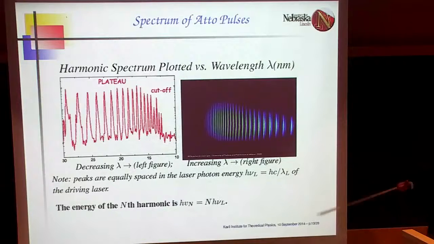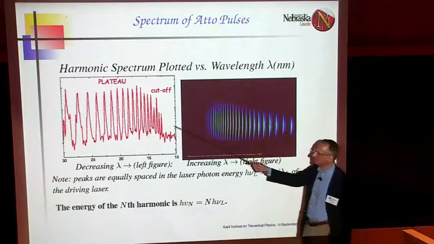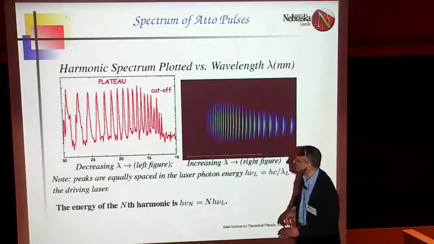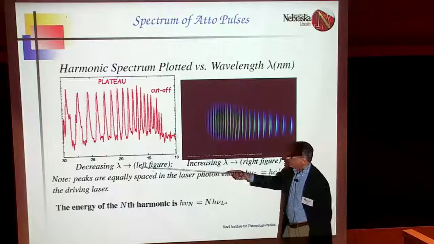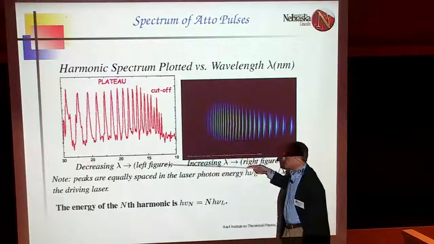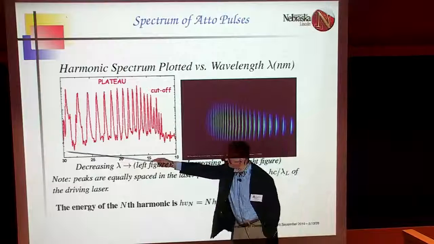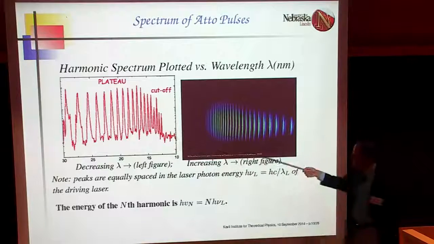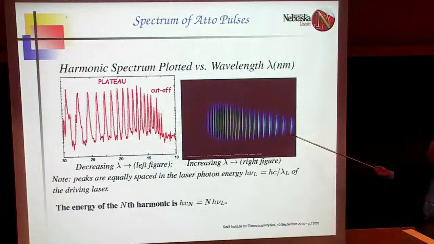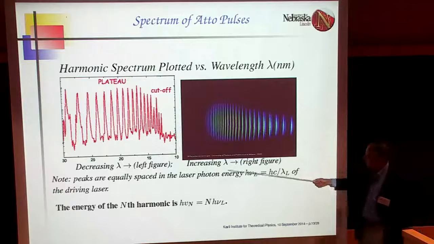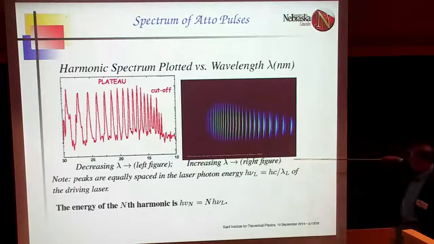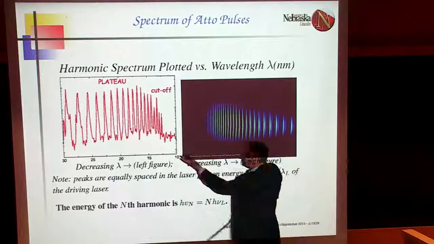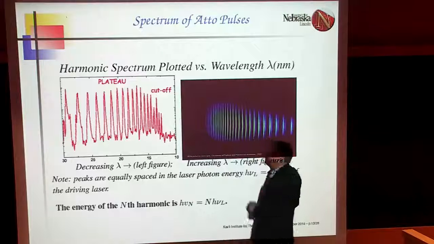What do they look like? This is a spectrum of that pulse of light, that attosecond burst, analyzed in terms of wavelength, decreasing lambda, which means that the frequency is increasing this way. This is a trace, and this is the actual experimental data. Unfortunately, the data is plotted in increasing wavelength, whereas this is decreasing wavelength. So I would have to flip this over to match that.